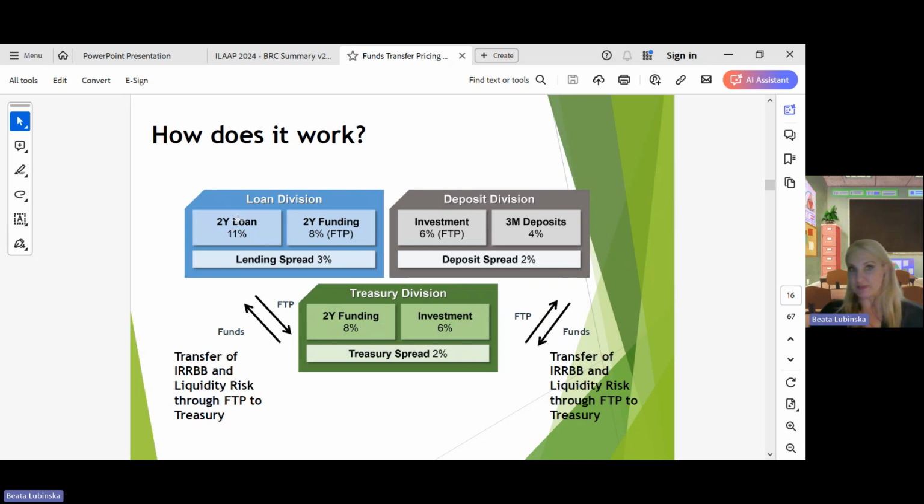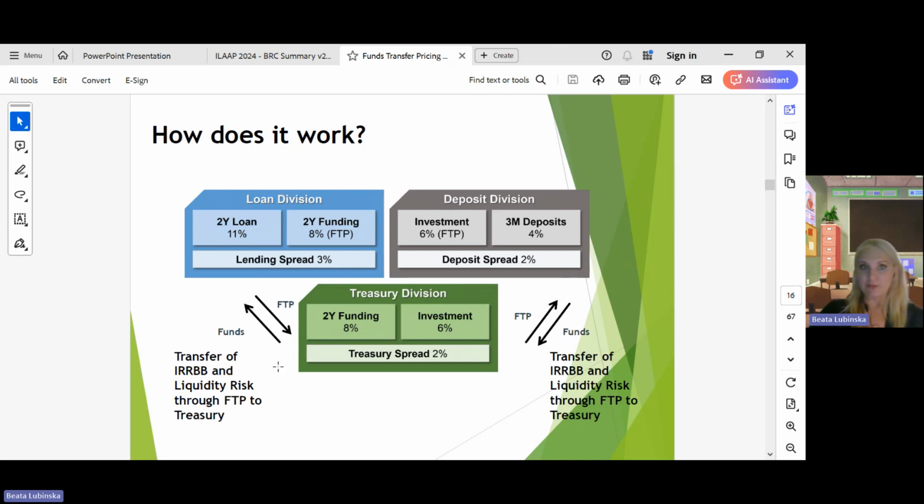So there is no mismatching at the business level. So there is no risk. There is no liquidity risk. There is no interest rate risk, because the transaction has been matched, internally matched. It is like a fictitious hedge between the business unit and the central unit.